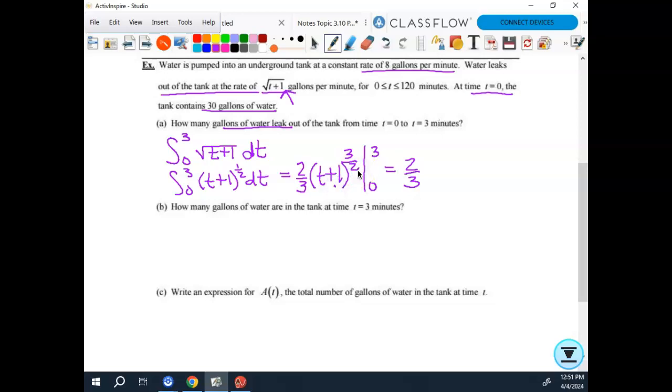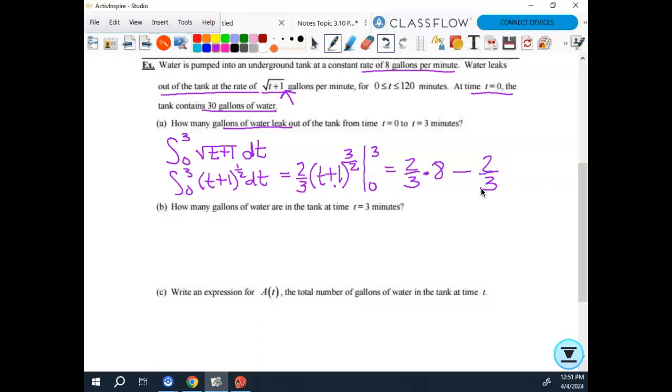So 4, I take the square root and get 2, and then 2 cubed is what? 8, okay? Then minus, because that's the way you do it. I substitute in my 0, I get 1. Well, 1 to the 3/2 power is 1, so it's just minus 2/3.